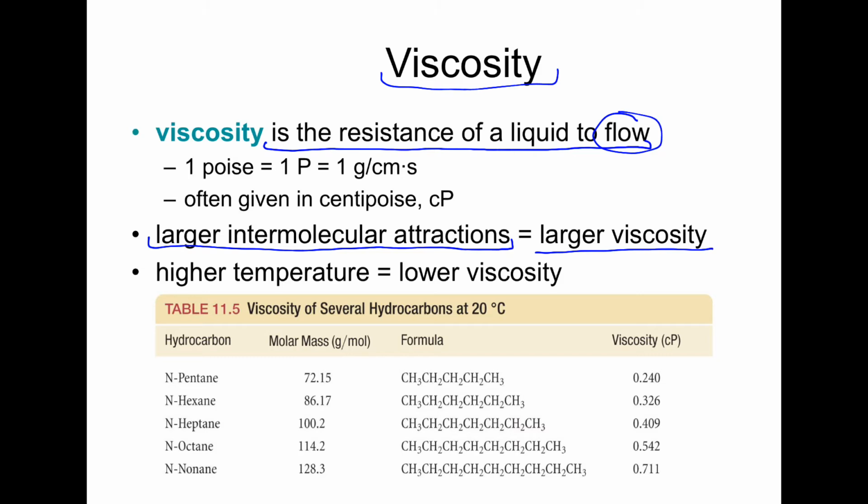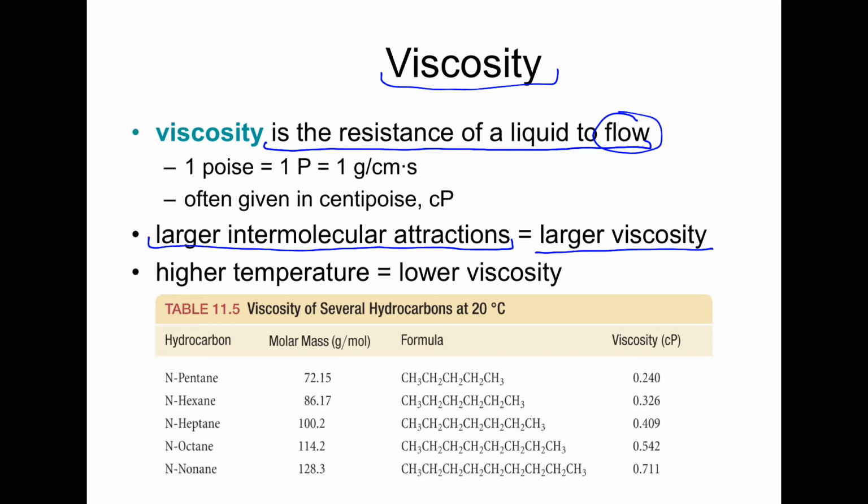So if you're getting them to flow more, the viscosity is going to go down. So viscosity is a measure of intermolecular forces, but it is greatly influenced by temperature and surface area. And so it's not as much of a direct correlation with intermolecular forces. That means that we have to pick our examples pretty closely when we're trying to look at trends.